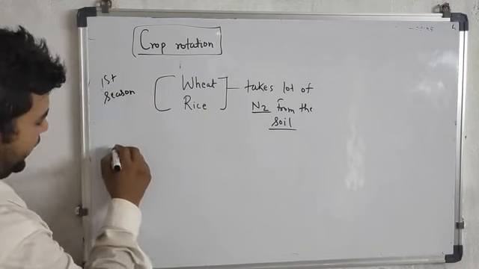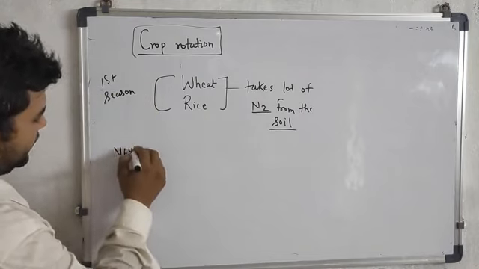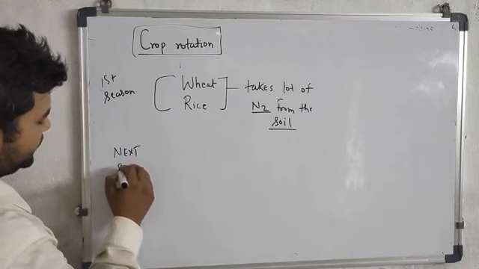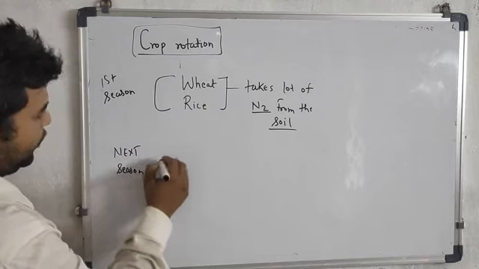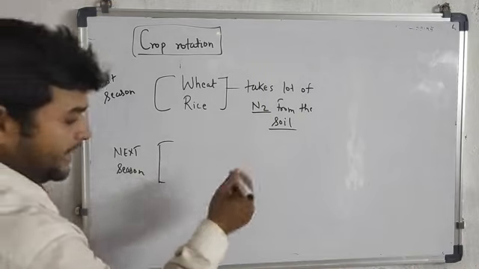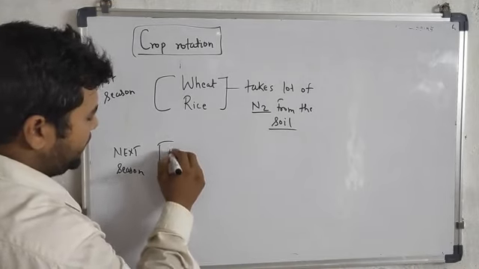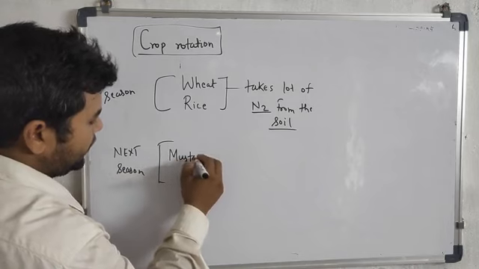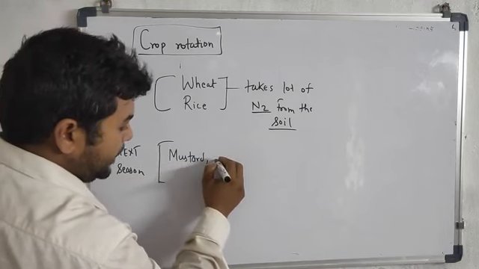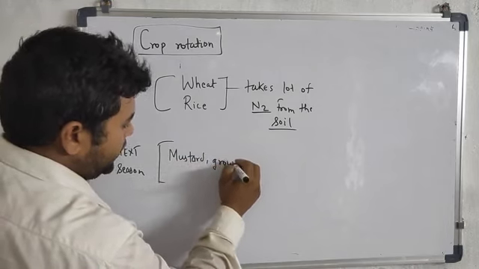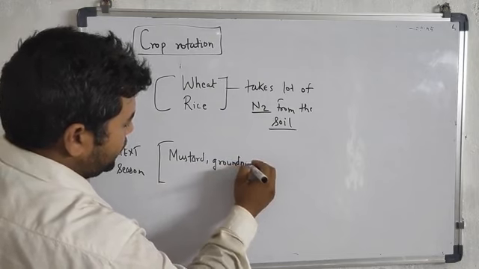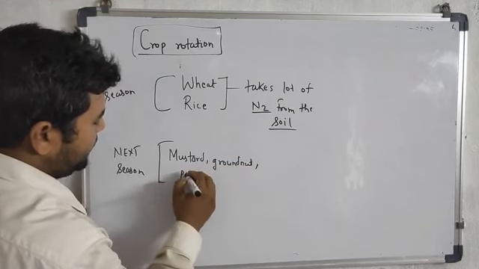Now in the next cropping season, we have to cultivate any legume crop, for example mustard, for example groundnut, for example pea.